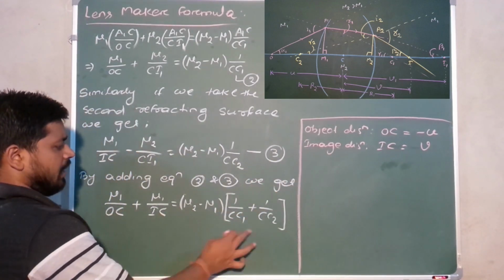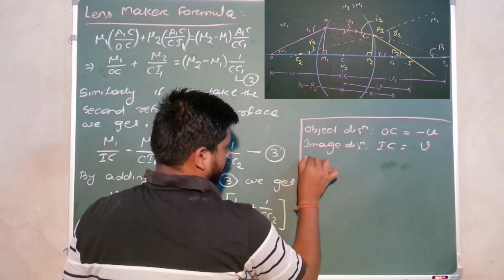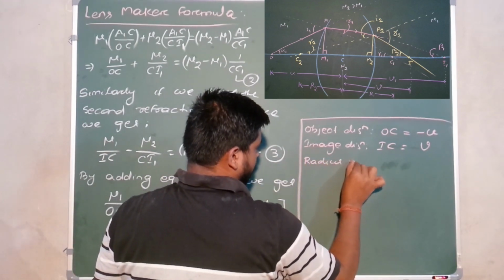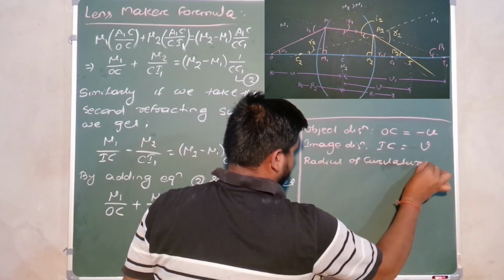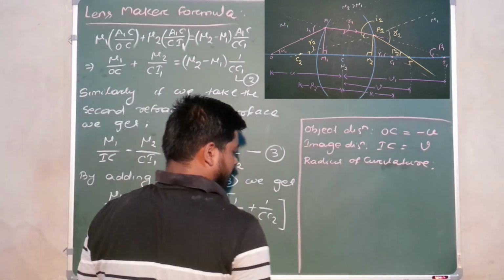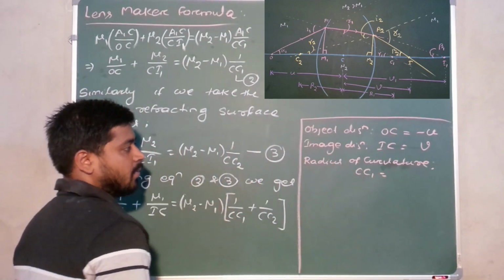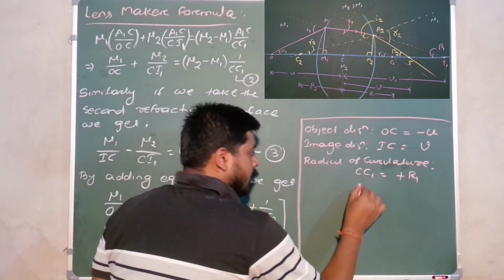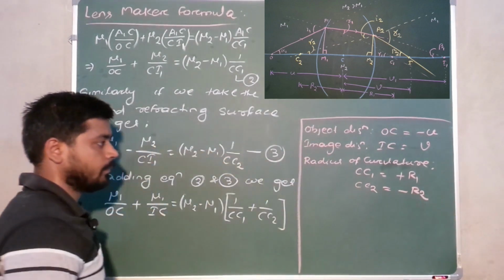Then C1 and C2. Radius of curvature. Yes or no? Radius of curvature. Just see. Here R1 is positive, that is CC1. CC1, right side of the optical center, that is positive, plus R1, and CC2 is minus R2.